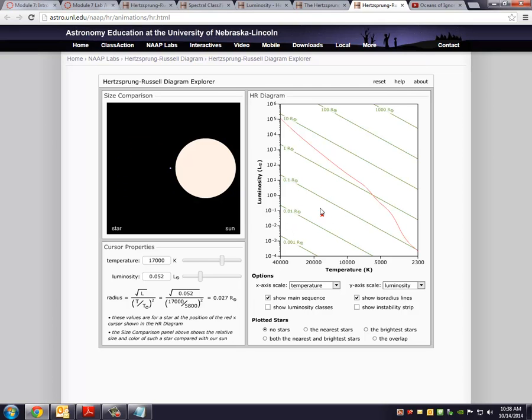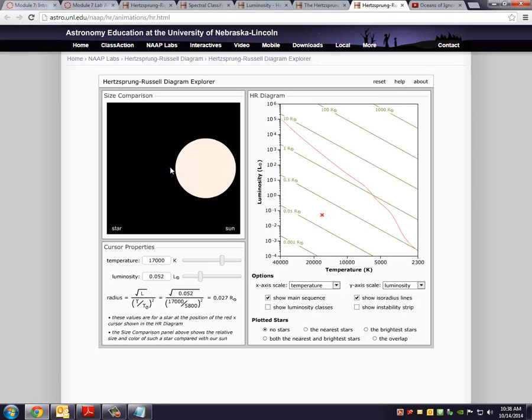If I click to the left here, notice my comparison star now has a temperature which is much greater than our sun. And notice that the star, if you can look carefully, mine's blue, kind of bluish. So the temperature is much greater than our sun. However, the luminosity is only 5/100th that of our sun.